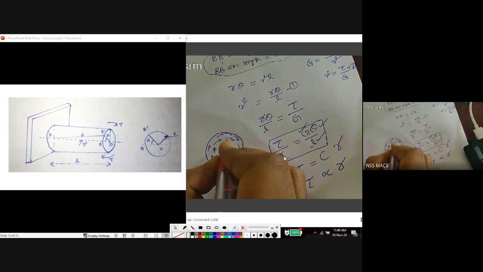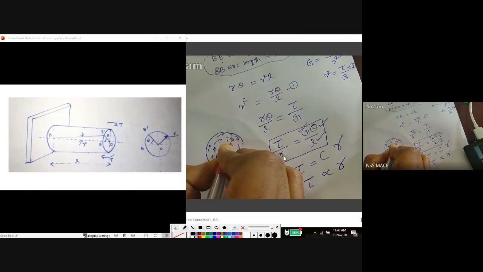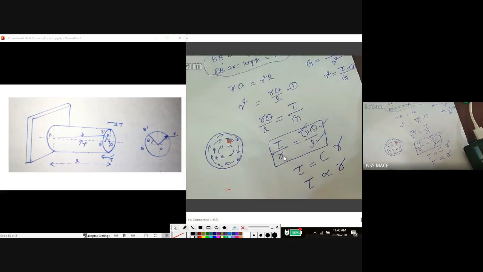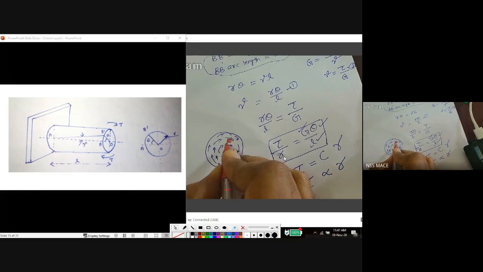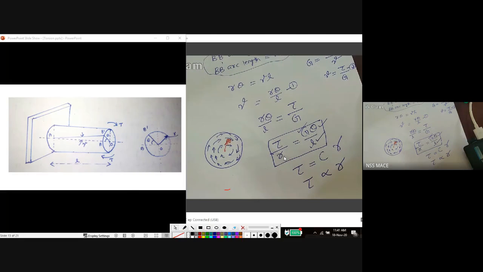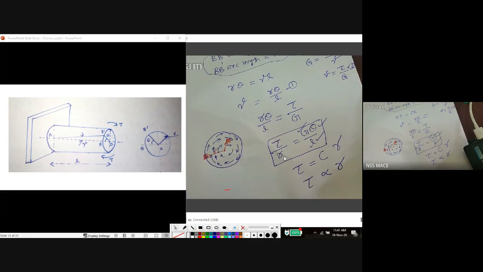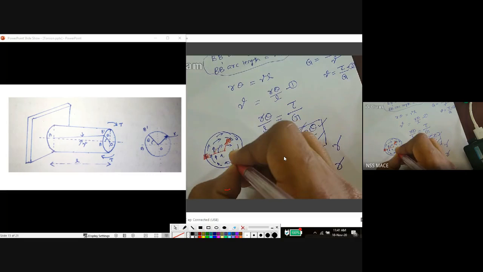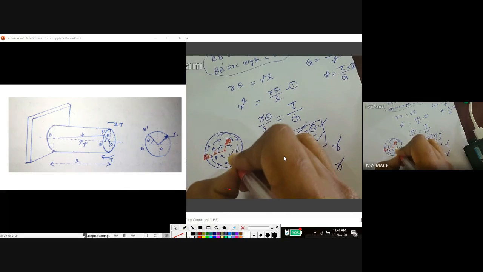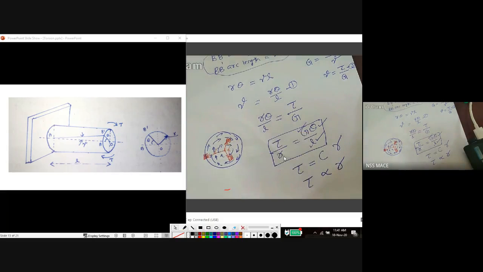If you take an element from this cross section, the distance from the center to that element is R. If you take an element here at the surface, this is R, and if you take another element here, this is also R. So R is the distance from the center to the element which we are considering to calculate this tau value.